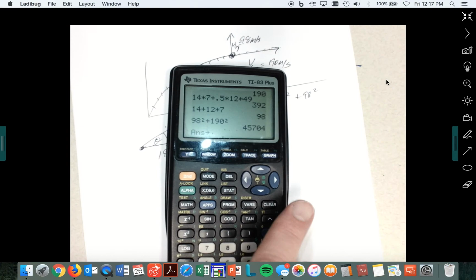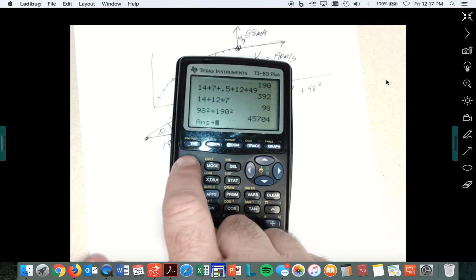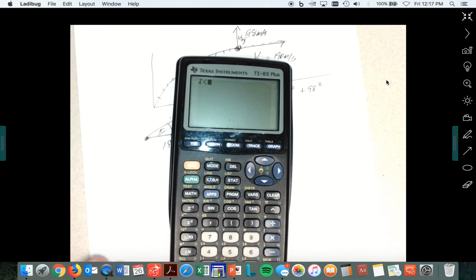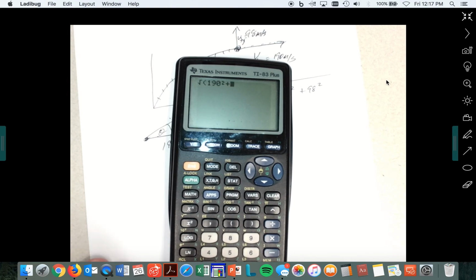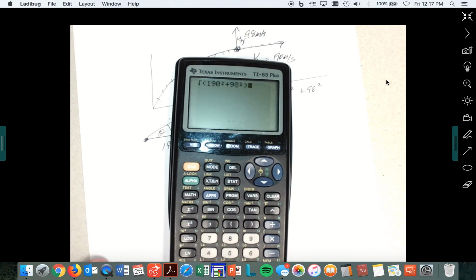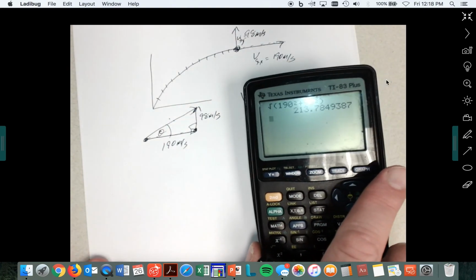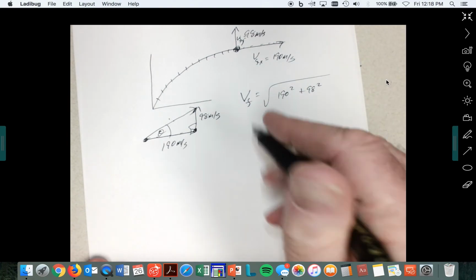Now on my calculator, I can go second square root, 190 squared plus 98 squared. It gets tricky. Then take the square root. And I get 213, which makes sense to me. 213 meters per second.